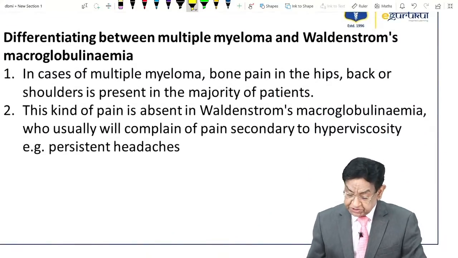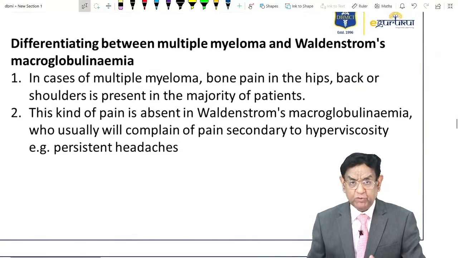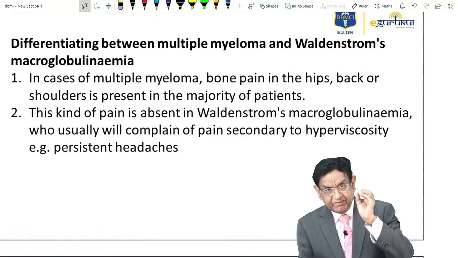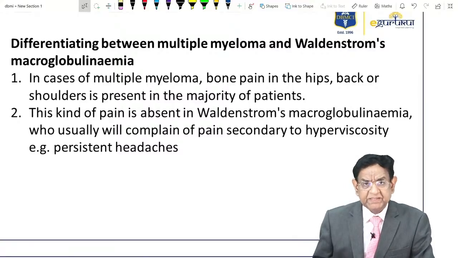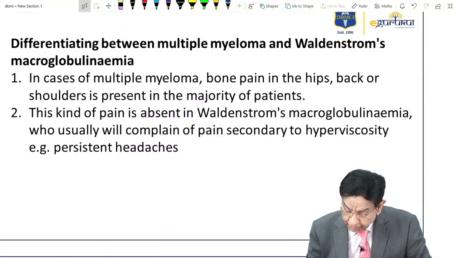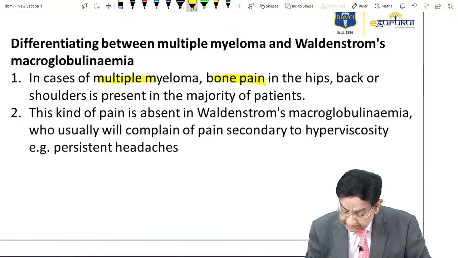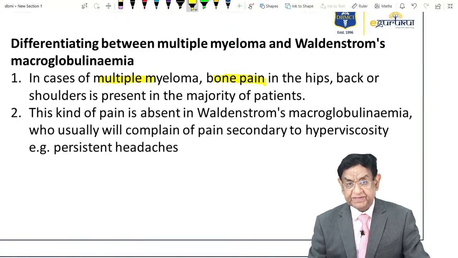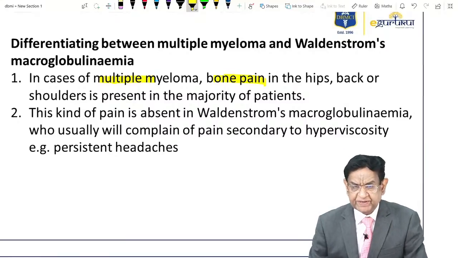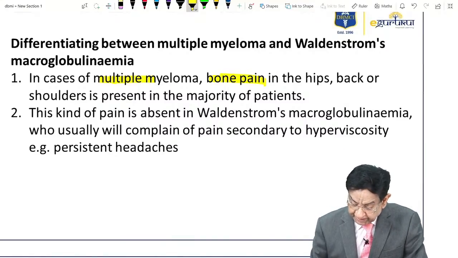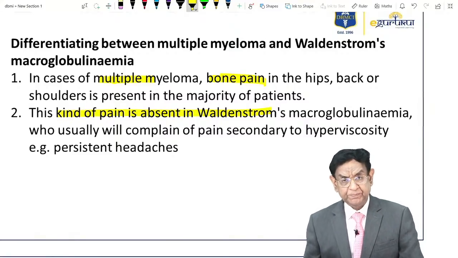So to differentiate between the two, multiple myeloma and Waldenstrom, they have a lot of close resemblances, but still a few points. As I told you, in multiple myeloma, bony pain is the classical presenting feature. In fact, one of the most common presenting features of multiple myeloma is bony pain, and this pain is absent in Waldenstrom.